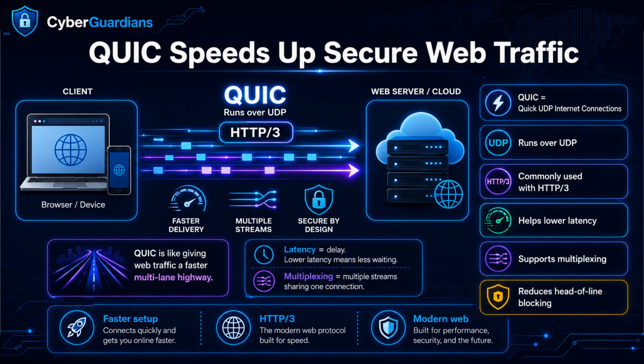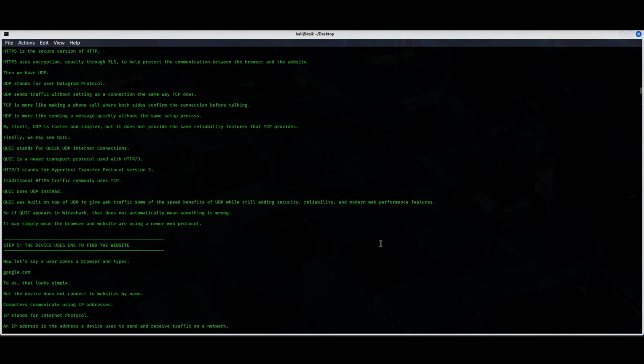QUIC uses UDP instead, and it was built on top of UDP to give web traffic some of the speed benefits of UDP while still adding security, reliability, and modern web performance features. So if QUIC appears in Wireshark, it doesn't mean anything went wrong. It's sometimes used, especially with Google and things like that.